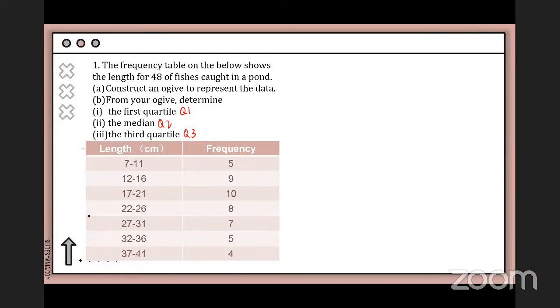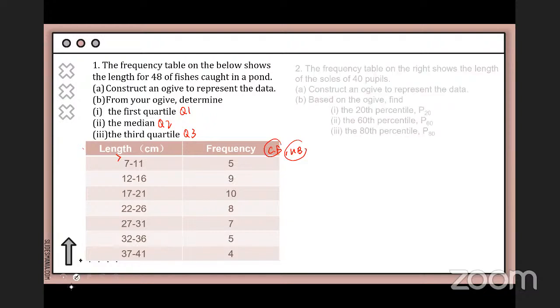So it is the same over here. What is missing over here is also the same: a class, a cumulative frequency and also an upper boundary, so you should construct 2 more columns with a cumulative frequency and an upper boundary, so that you can use these values given to construct an ogive.